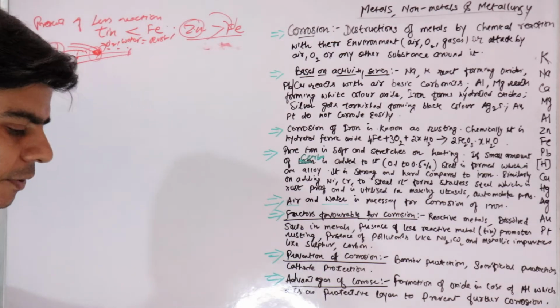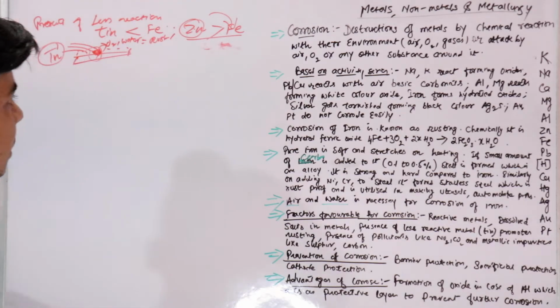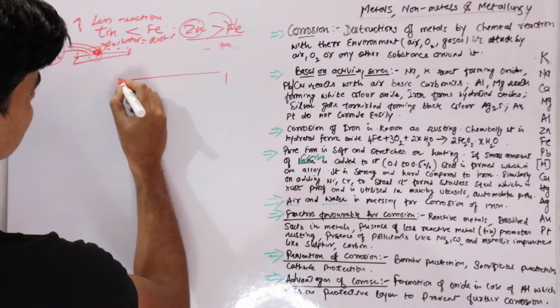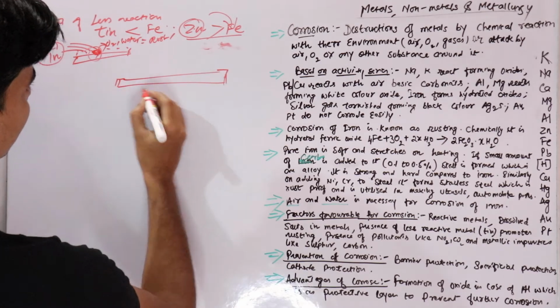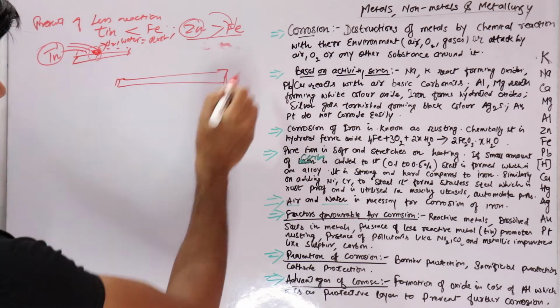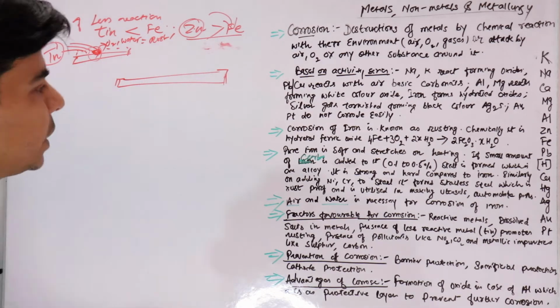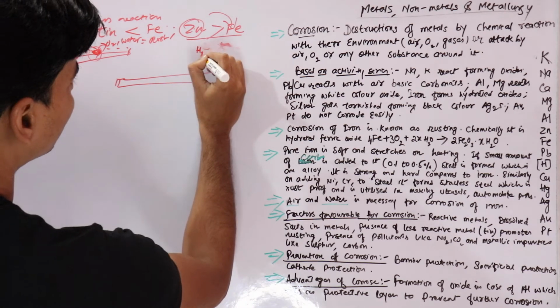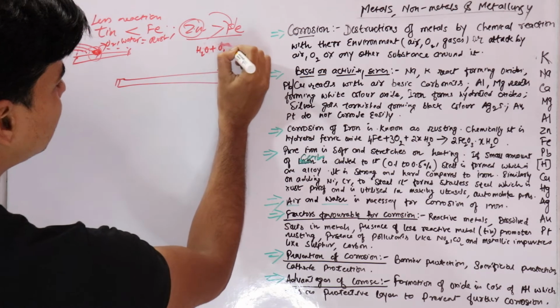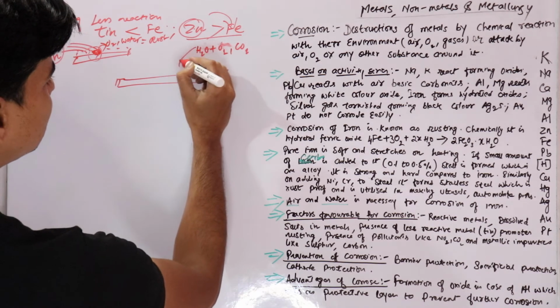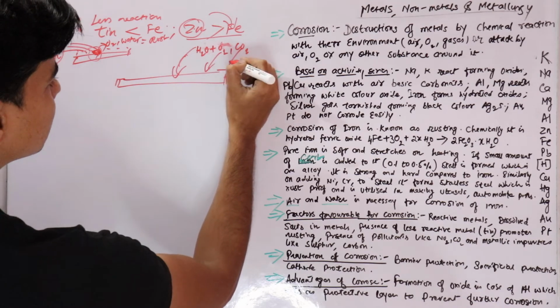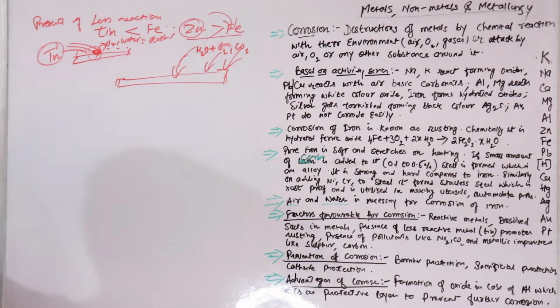Now let's see how we can prevent rusting. Suppose this is an iron rod, placed in open air, and in air we have water vapor, oxygen, carbon dioxide, all these gases, which will attack the surface of iron.